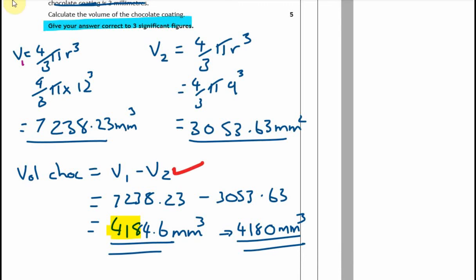I've written it down towards the end, but actually, if you started off by saying that the volume of chocolate is equal to the whole volume minus the interior, you've got a mark. That's worth a mark right there. That's not even maths. That's just thinking about things. That's brilliant. And then you get a mark for each of your correct values. You then get a mark for working out the answer, and then for rounding. So I think that's brilliant.